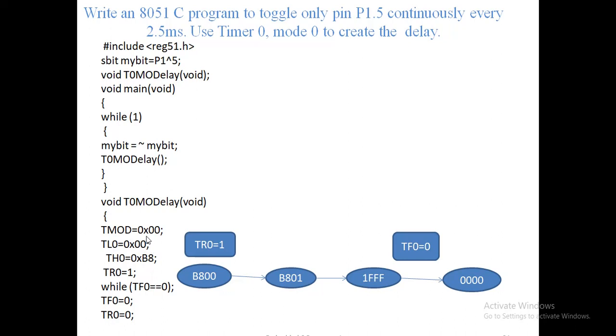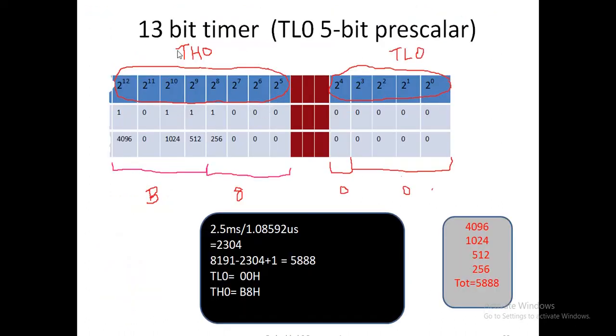Now how do we calculate the delay function for this 2.5 millisecond? How can I load this value? You may have a doubt. So carefully watch this, because it is a 13-bit timer. In TL0 I am using only 5 bits.